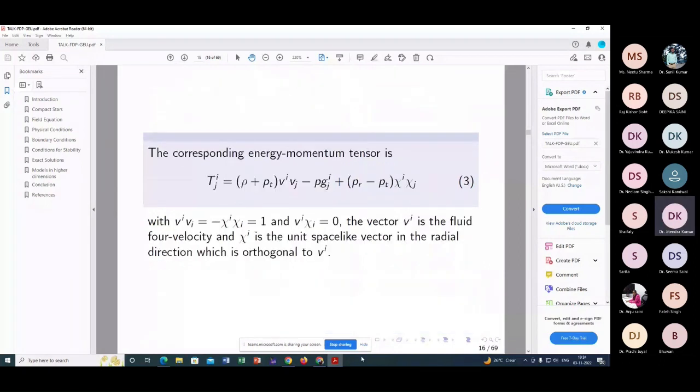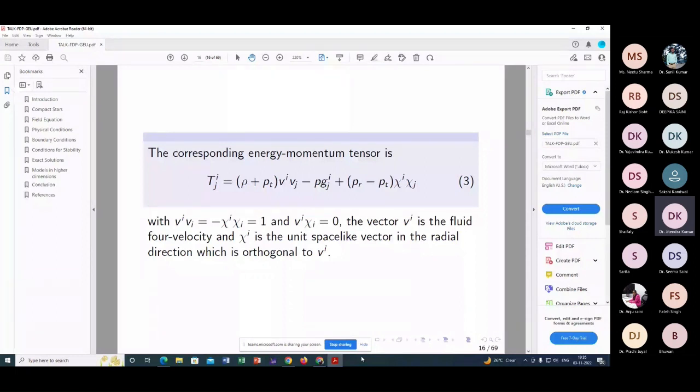Here we have the energy momentum tensor, given by equation number 3, that is Tij. It is a tensor of order 2, and a mixed tensor, because one index is contravariant and one index is covariant.